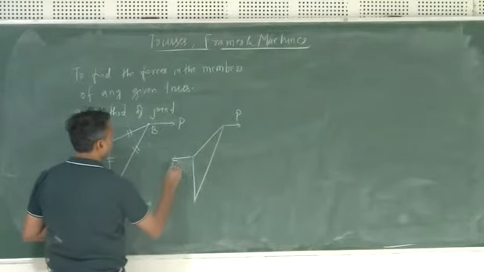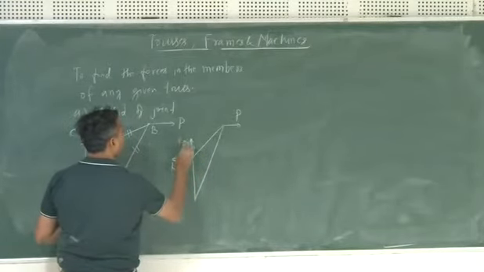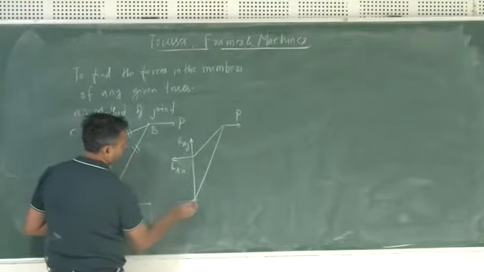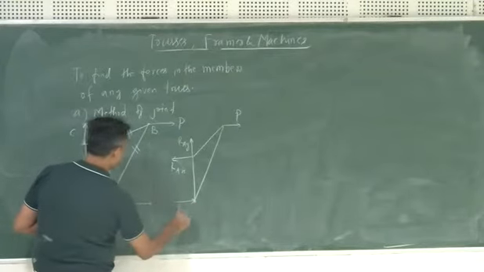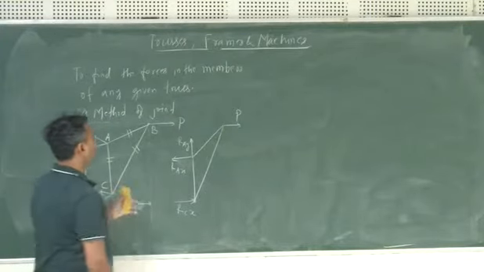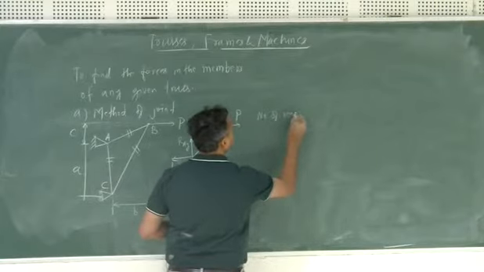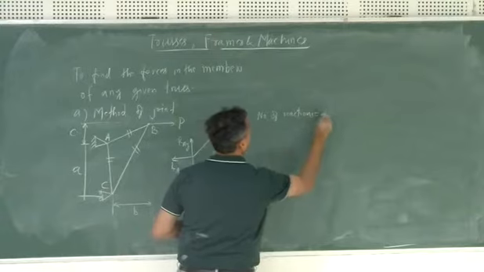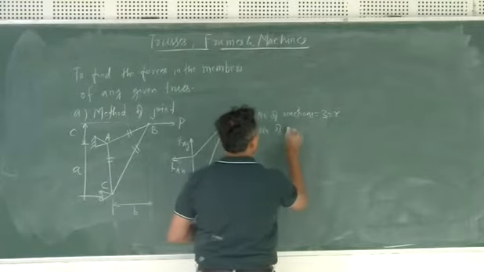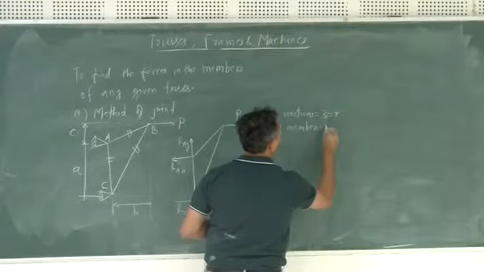So let us take RAX, RAY, and one as RCX. Okay. So first of all, the number of reactions over here is 3, so r is 3. The number of members is m, which is 3.